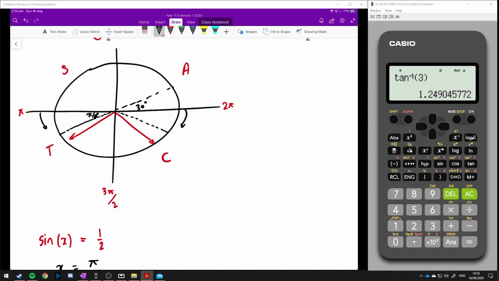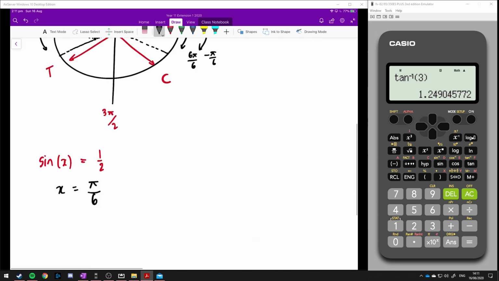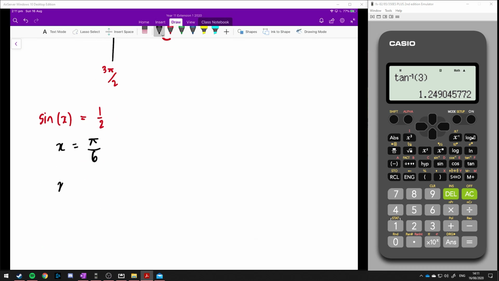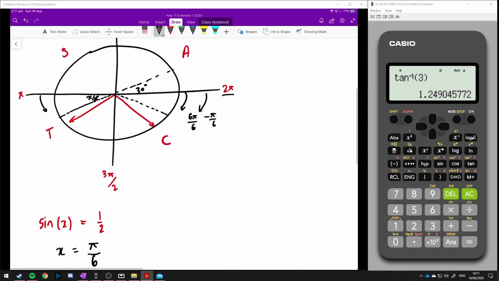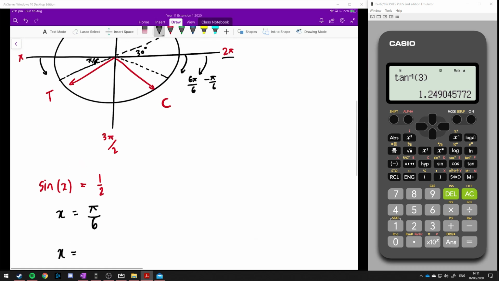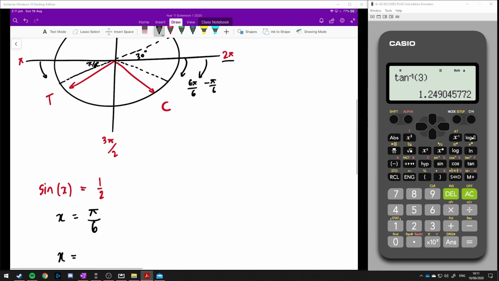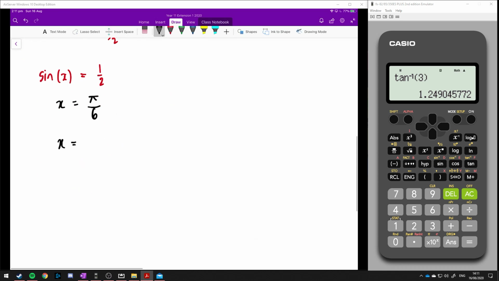I need to work out, if it's 2 pi and I'm subtracting pi on 6 to get back down there, it's the same as 6 pi on 6 minus pi on 6. So that means x must be equal to 5 pi on 6.